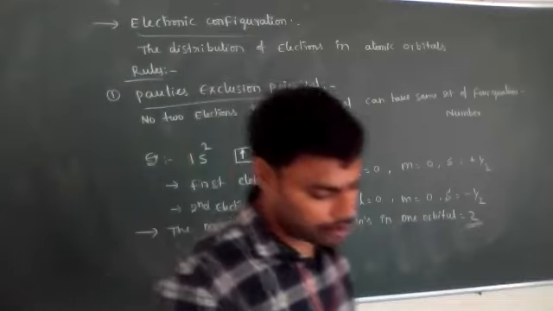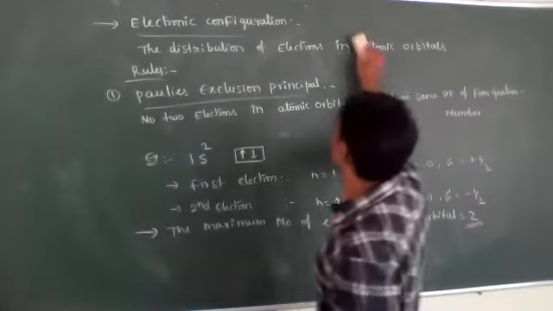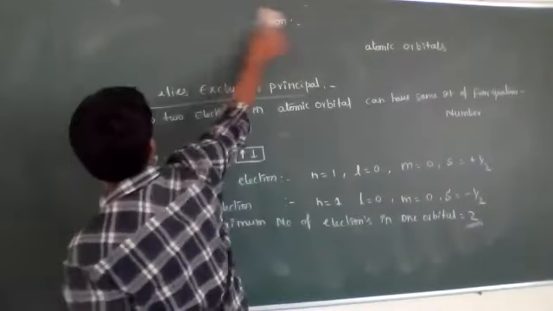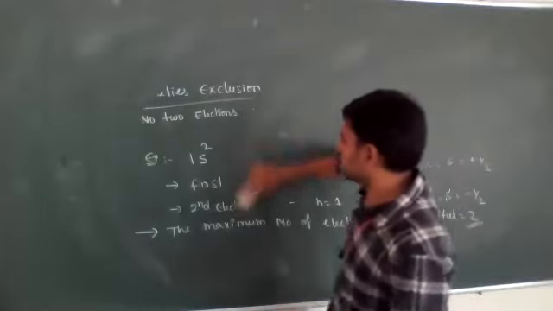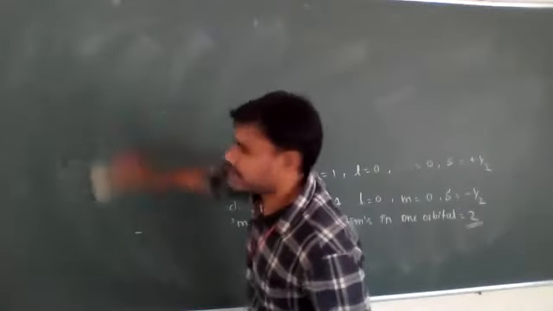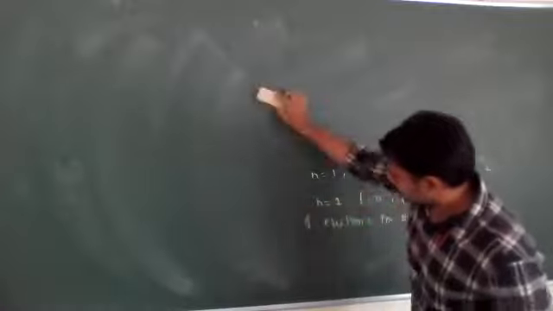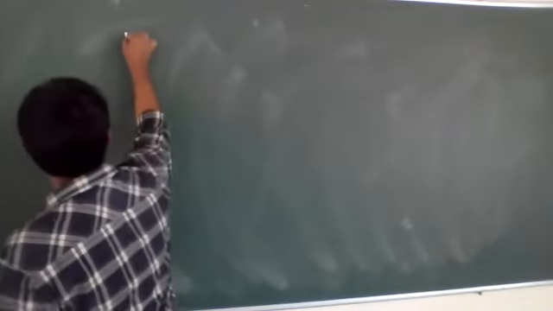Next, the Aufbau rule. The second one is a very important one. If you understand this rule, we can write electronic configurations very easily. Okay, let's see the second one, the Aufbau rule.